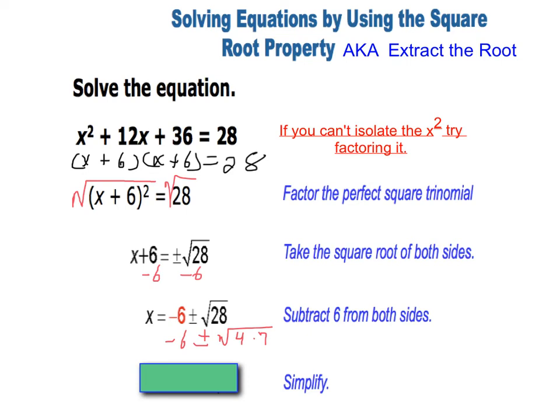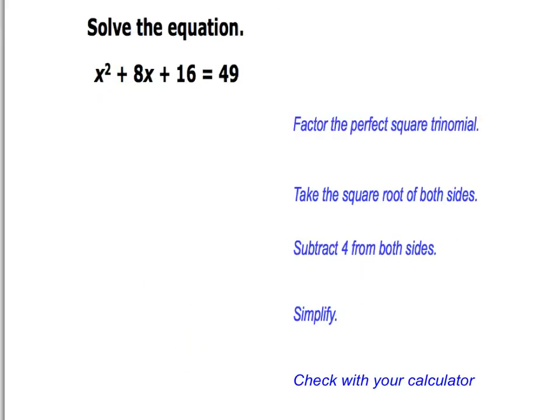The square root of 4 is 2, so that gives us negative 6 plus or minus 2 radical 7. Now, the last thing I need to do is put my colon in place and put it in set builder notation.